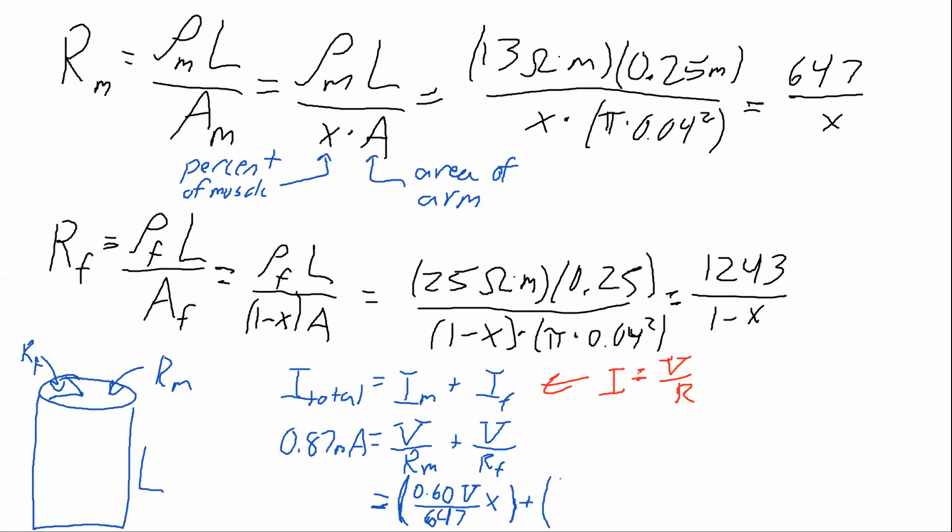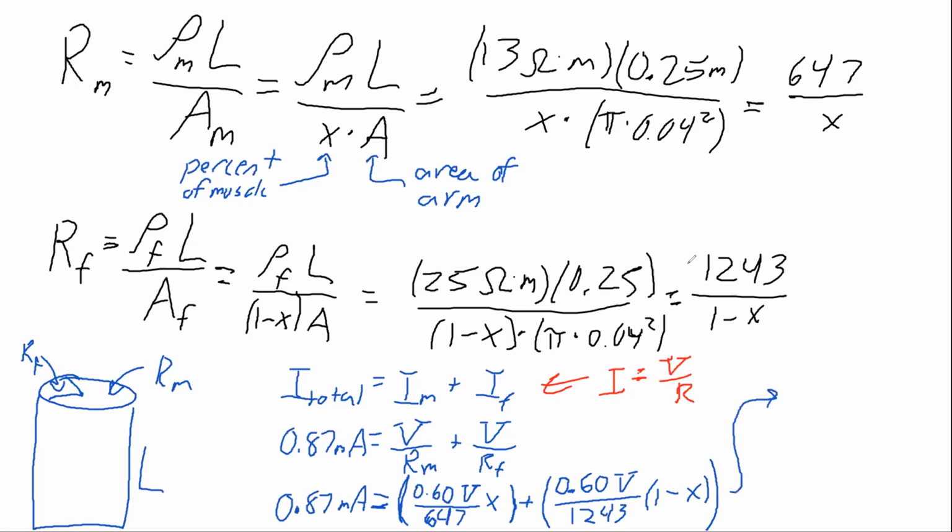So 0.60 volts over the resistance of fat, 1243, times 1 minus X. If you look at all those numbers, we only have one unknown, which is X. So it's just a matter of doing the algebra, which I'll spare you, because I think you should all be able to do that algebra.